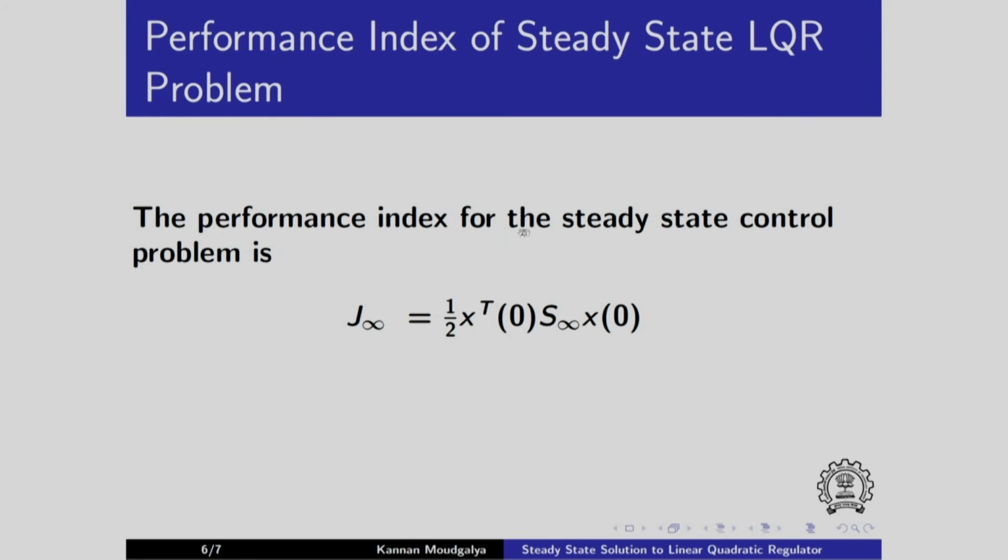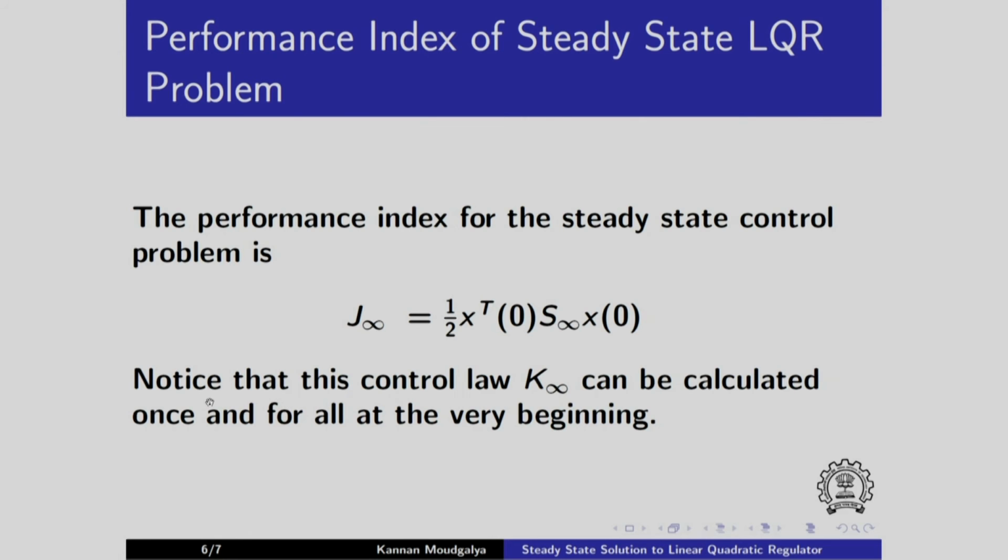The performance index for the steady state control problem is given here. In the place of time varying S, we have replaced it with the constant value S infinity. As before, this control law k infinity can also be calculated once and for all at the very beginning.